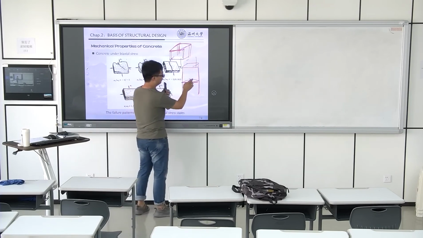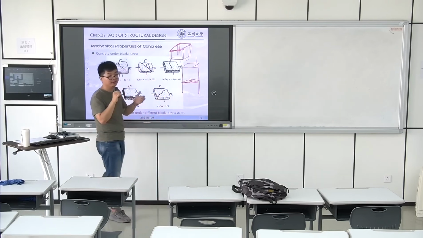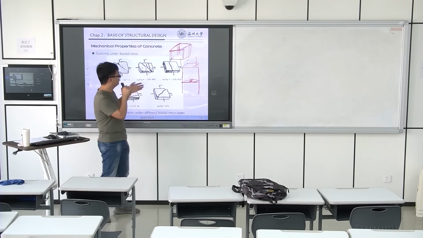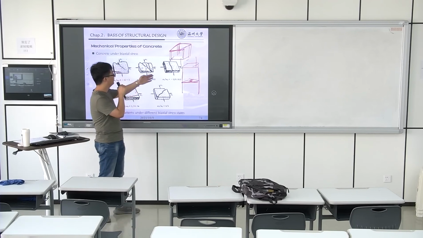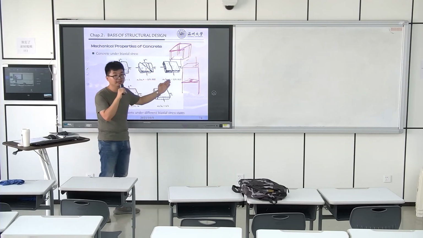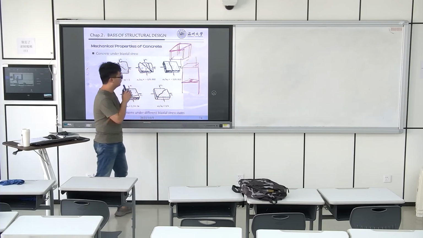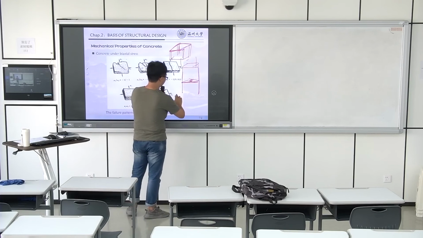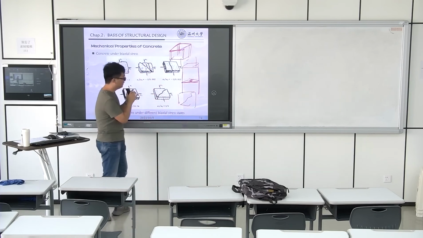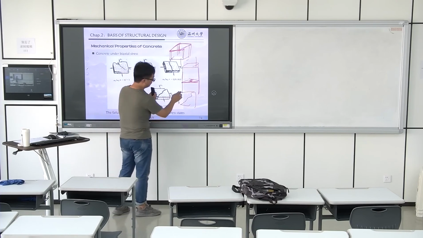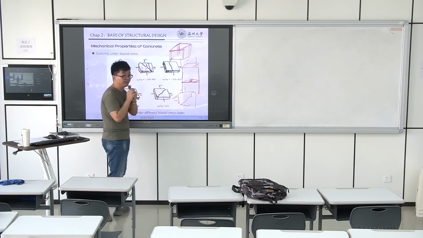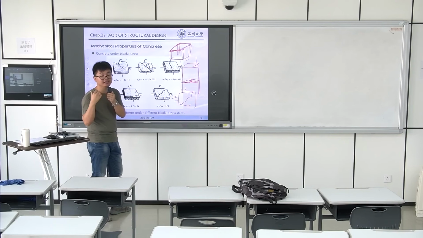Sometimes the crack will develop, right? We can use this failure pattern to explain it. If a crack developed, that means in this direction the load may be near the critical value.